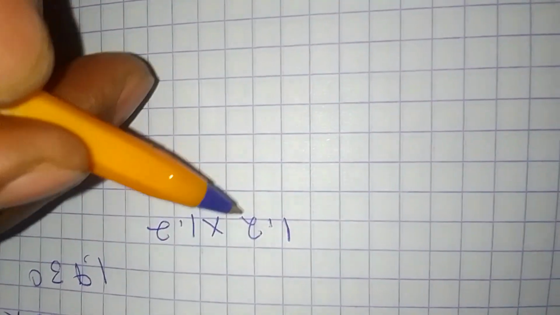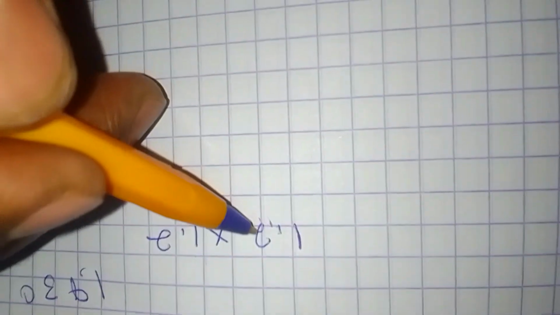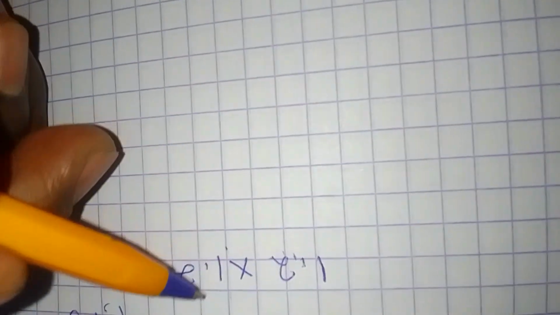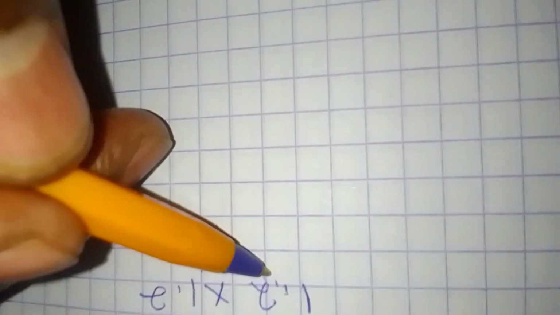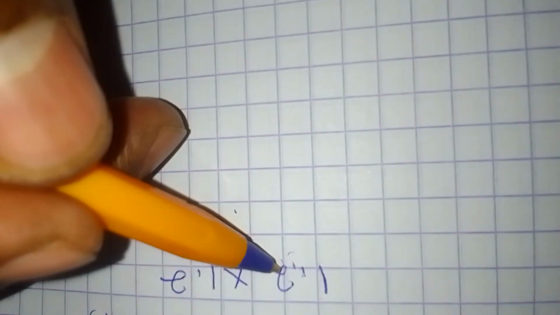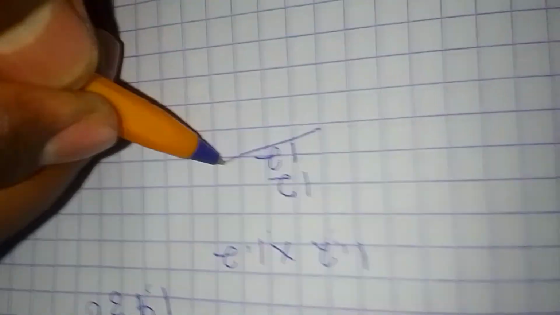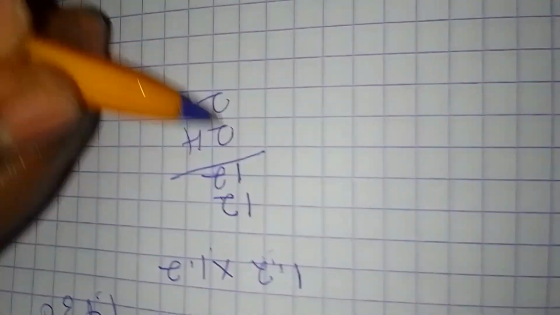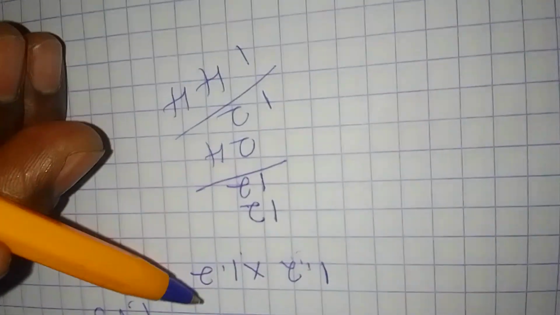You can convert the number to one without a decimal, or multiply it directly by removing the decimal point and then returning the decimal point after multiplying. After removing the decimal point, it becomes 12. So you multiply 12 by 12. 2 times 2, 4. 2 times 1, 2. 1 times 2, 2. 1 times 1, 1. It becomes 144.